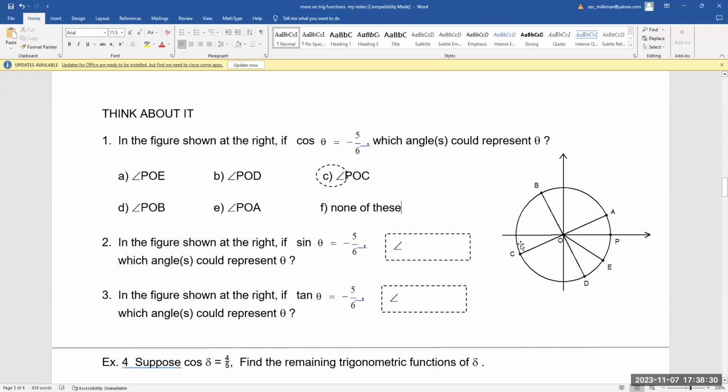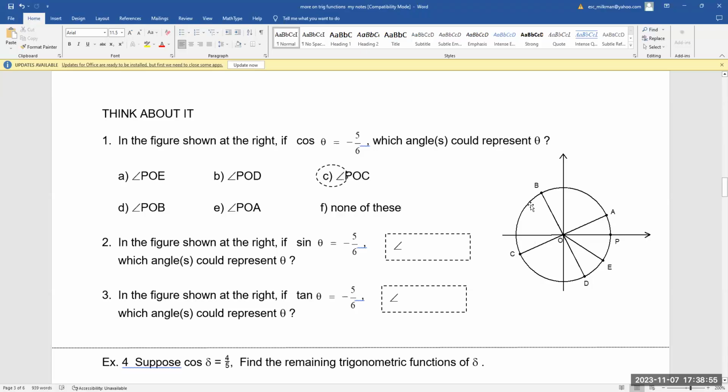Do you think this y value is 5? I don't think that y value is probably close to 1 maybe, or 2. If this is a radius of 6, this y value is not very far. So I'm going to say POC can't possibly be the answer. The y value is not large enough.